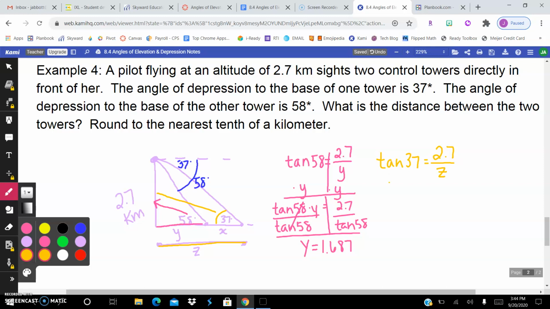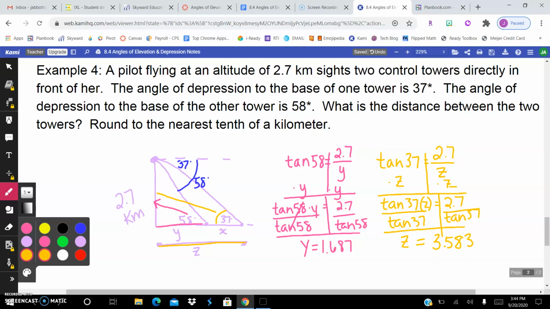We multiply both sides by z, so we'll have the tangent of 37 times z equal to 2.7. We divide by the tangent of 37, so z will equal 3.583.